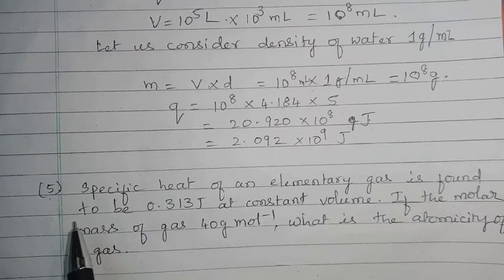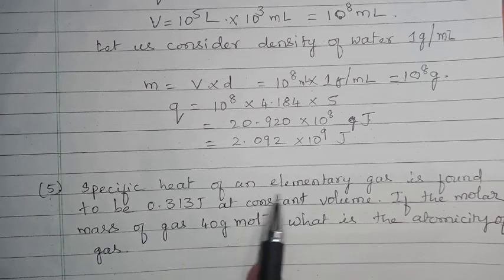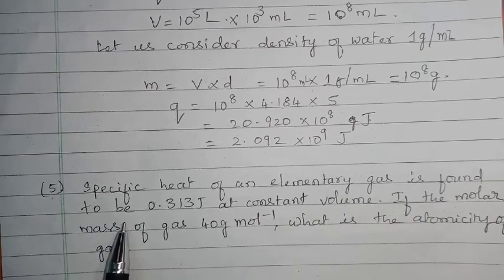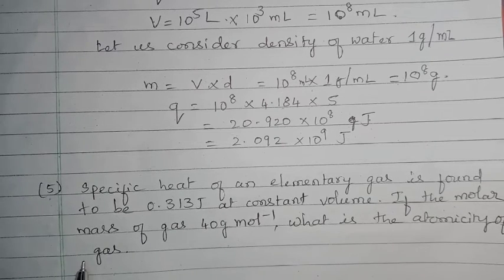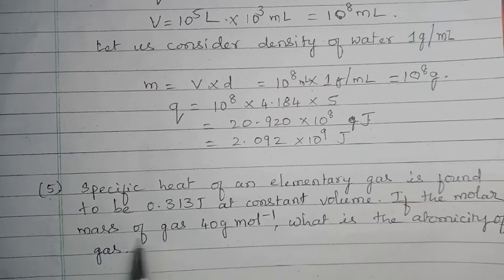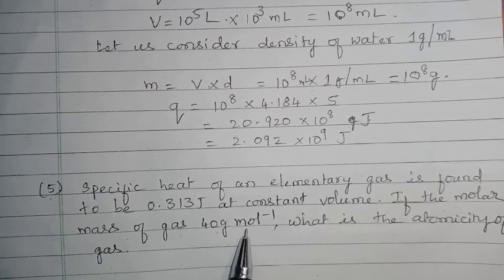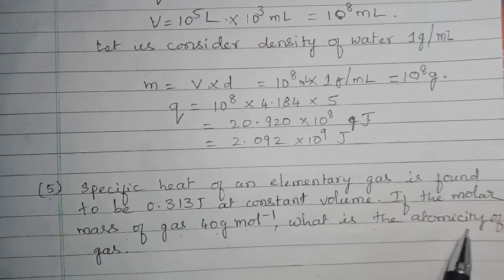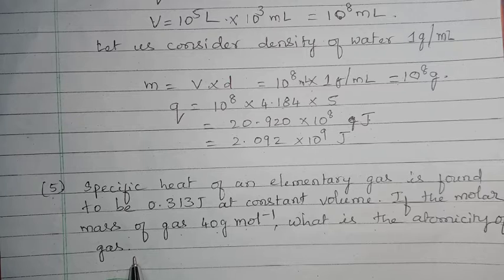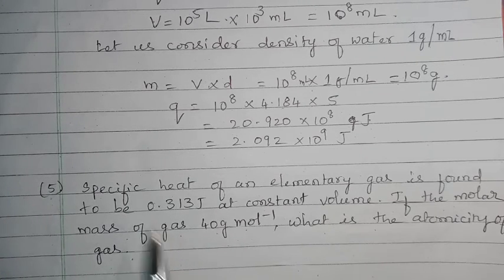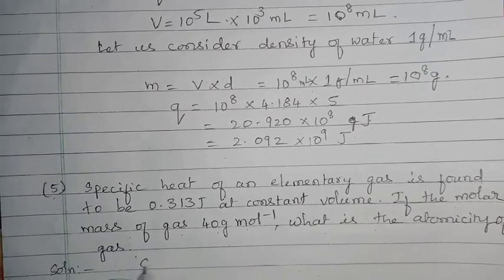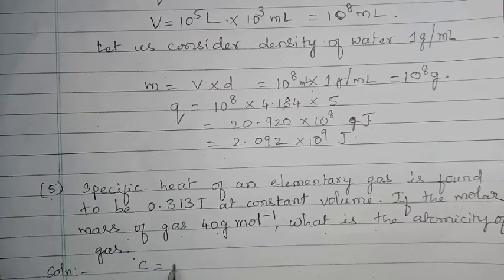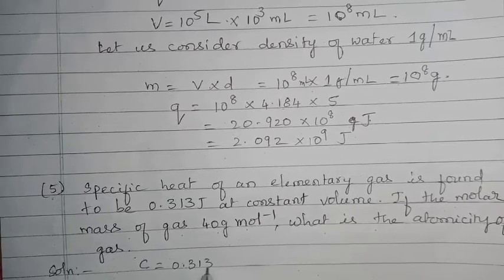Fifth problem. The specific heat of an elementary gas is found to be 0.313 joules at constant volume. If the molar mass of the gas is 40 gram per mole, what is the atomicity of the gas? Here the specific heat of the gas is given as 0.313 joules.